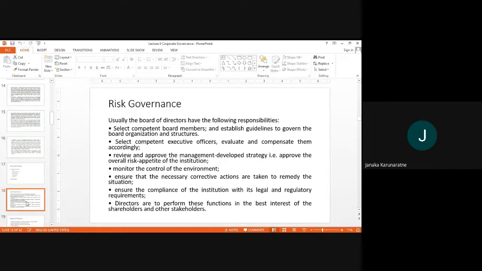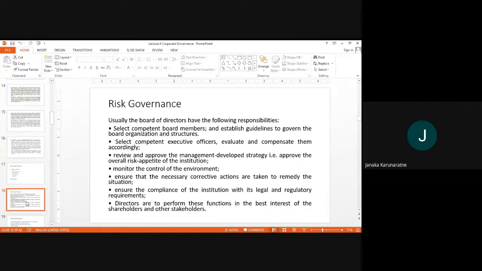So risk governance. Risk governance has become very important to ensure, limit or mitigate failure of any banking institution or financial institution. So usually the board of directors have the following responsibilities. The first, select competent board members and establish guidelines to govern the board organization and structures.